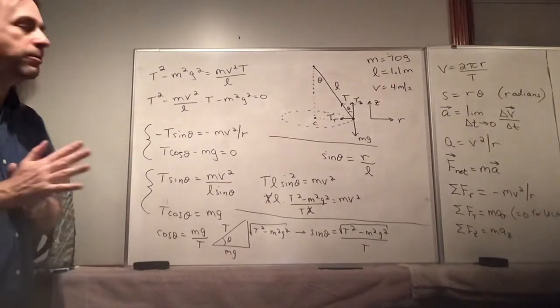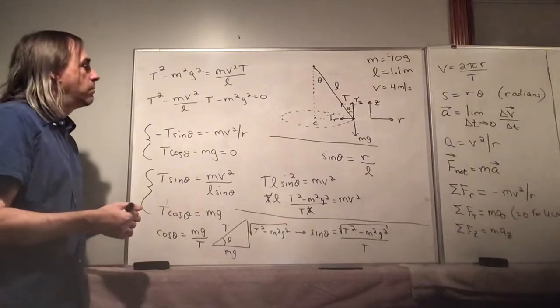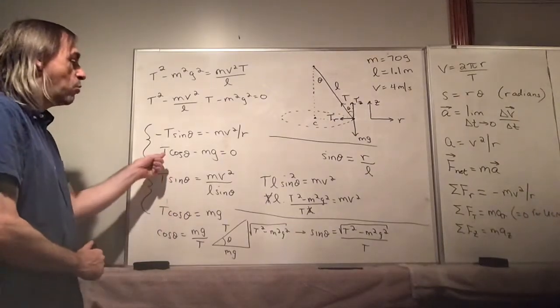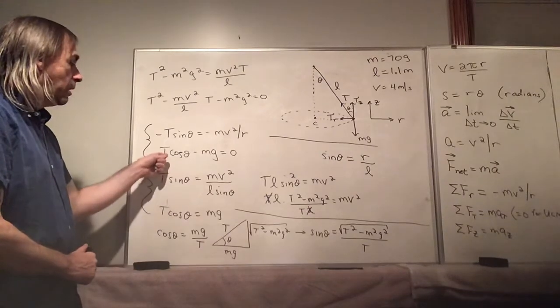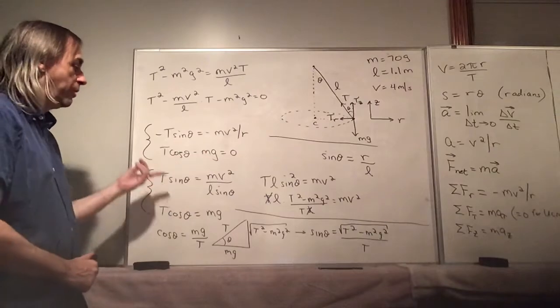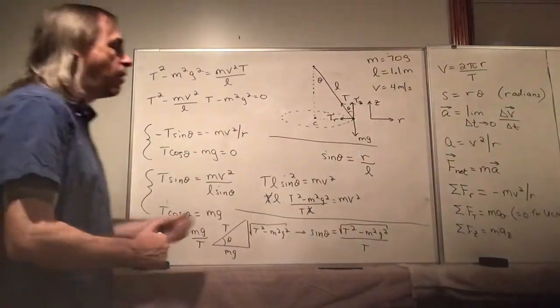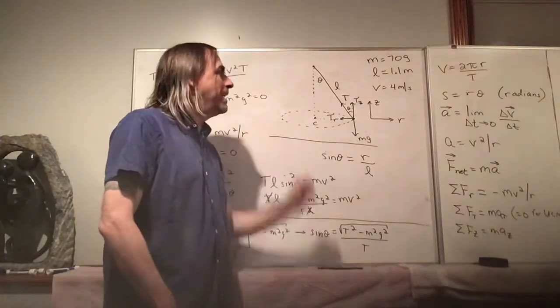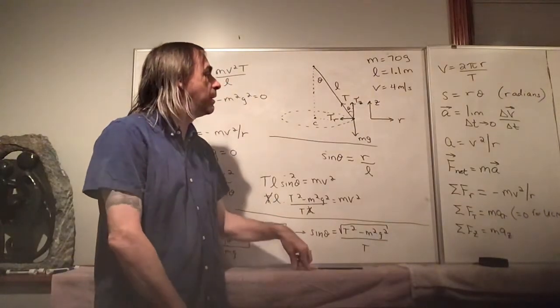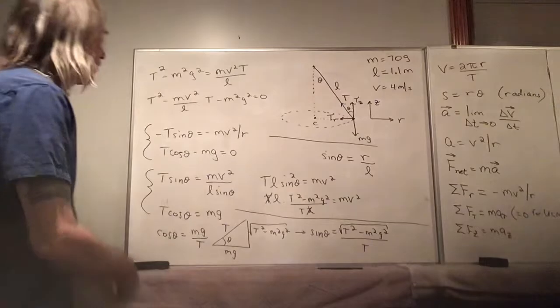So we'd basically have to plug this into the quadratic equation to get the tension. And then once we have tension, we can solve for theta using, say, this equation. So this is a solvable problem, but by not giving you the radius, that made things a lot more complicated than I intended. But let's leave it here.